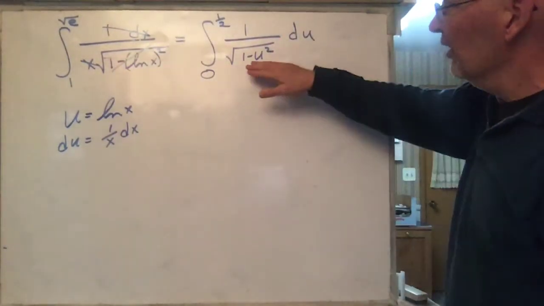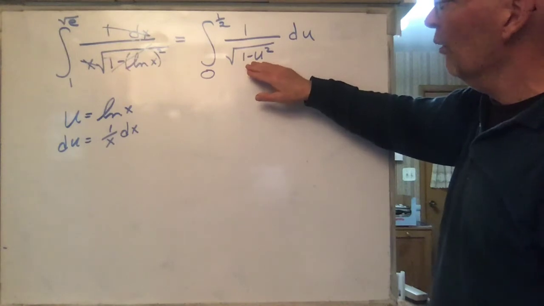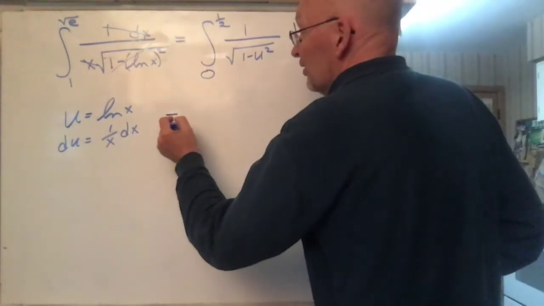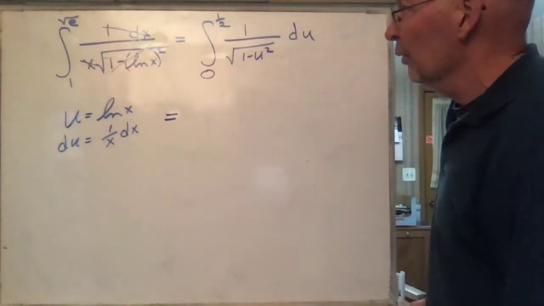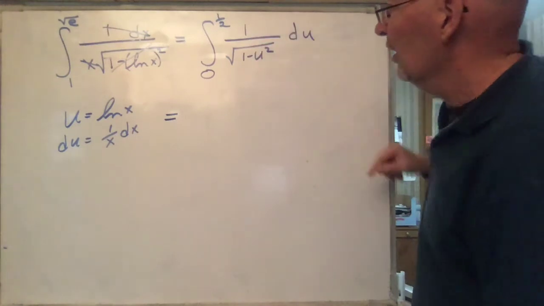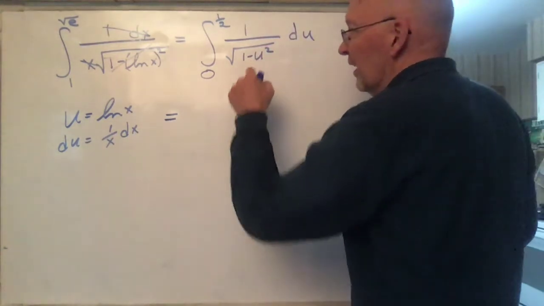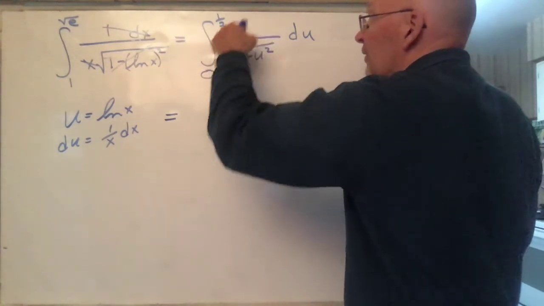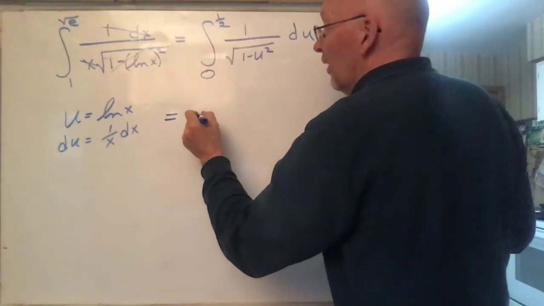So the only reason you would want to do that is if you already knew what the antiderivative of this thing is. And so this is where you just need to have a repertoire of antiderivatives that you're familiar with. Do you remember what this one is? This is the antiderivative, or I should say this is the derivative of the arcsine.